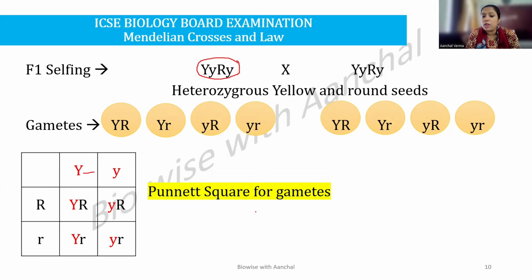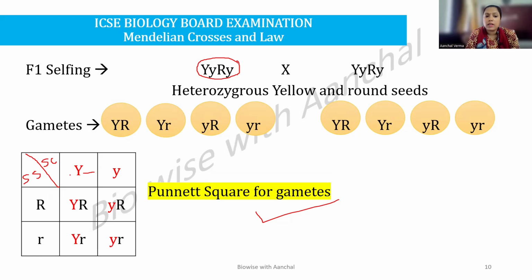Now, this is also an important question for the exam: draw a Punnett square to show the gamete formation of the F1 generation. In this case, you will put the two characters in different boxes. Here you are talking about the seed color, and here you are talking about the seed shape.